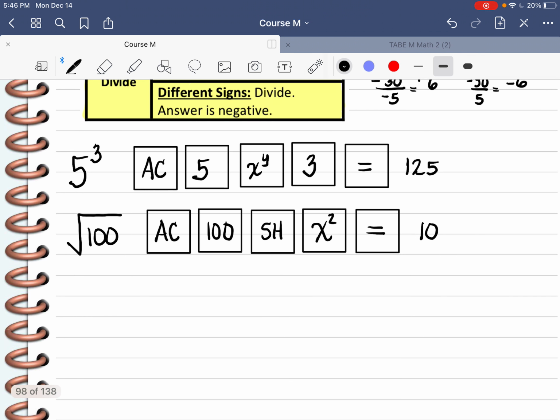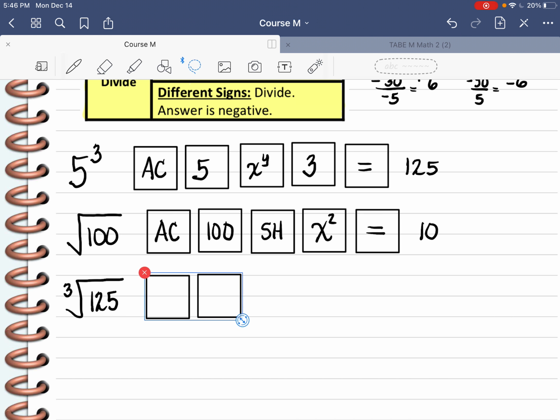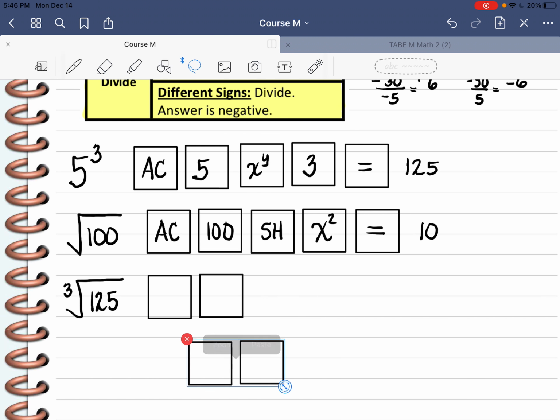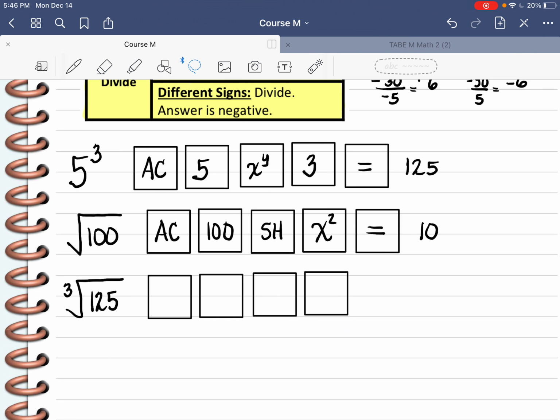And then one more, I want to show you how to take a cube root, and we'll just use that 125. I want the cube root of 125. So let's put this one in. I've got one too many buttons, I do believe. So all clear.